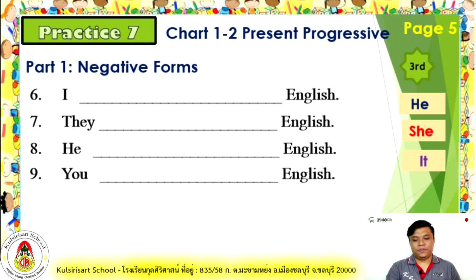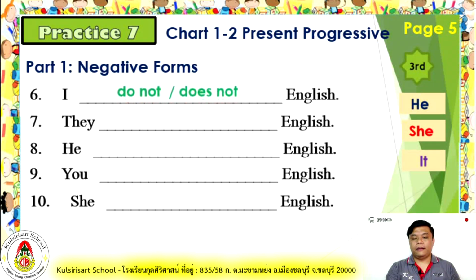For example, we have number 6 here. I do not, does not. What do you think is the answer? Remember, we use does if it's in third personal pronouns, like he, she, and it.